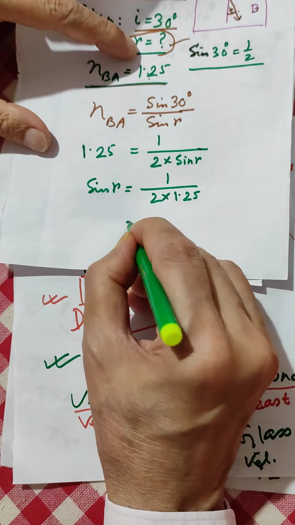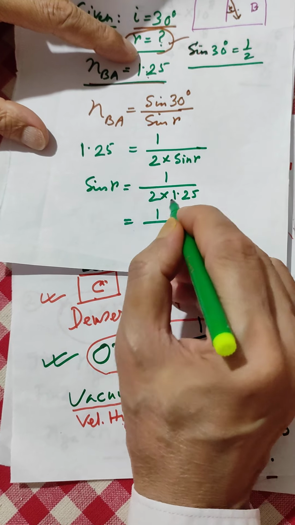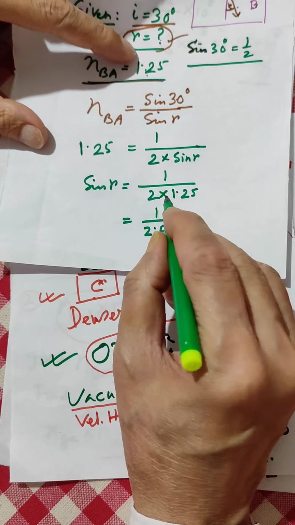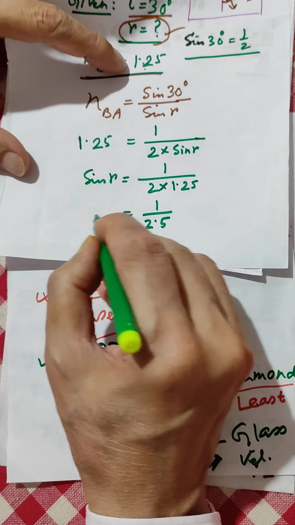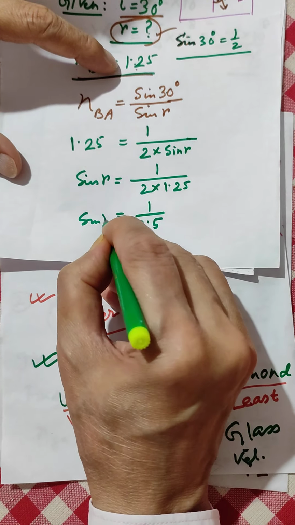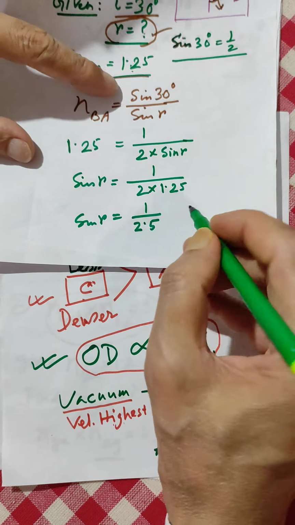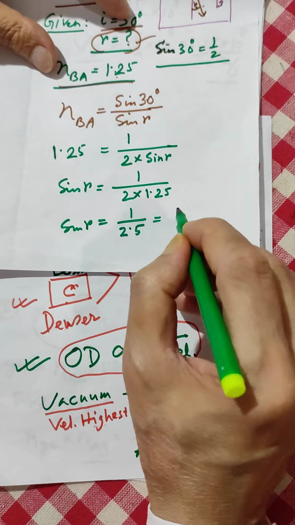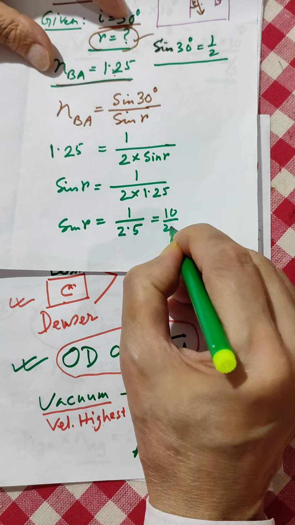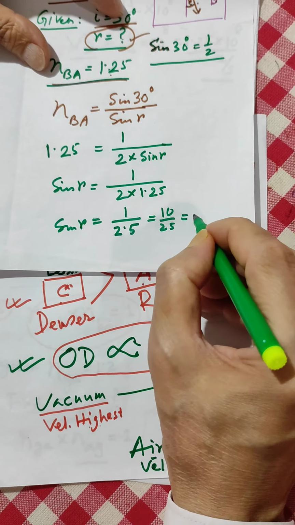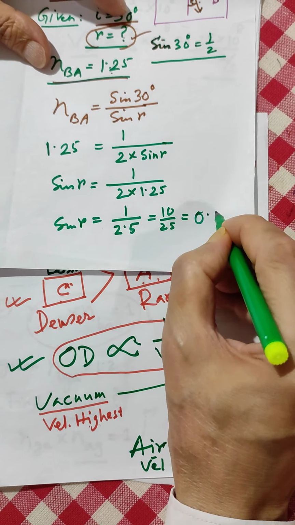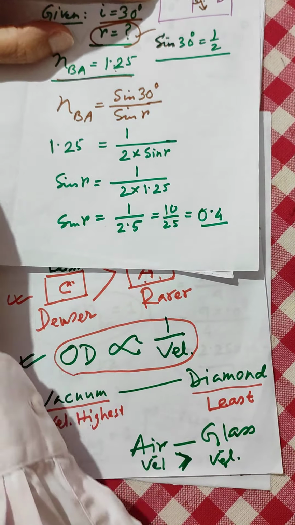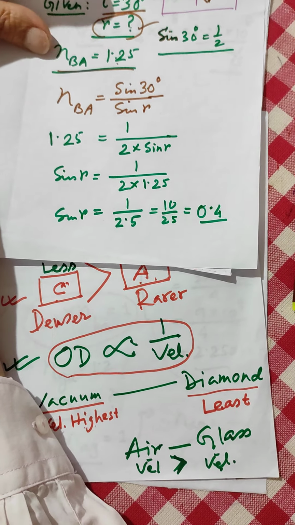Now you get 1 by, 2 into 1.25 is 2.50. So this is sine of angle of refraction. Now 1 by 2.5 comes to be 10 by 25. So finally it will be 0.4. 10 by 25 means 2 by 5, and 2 by 5 is 0.4.